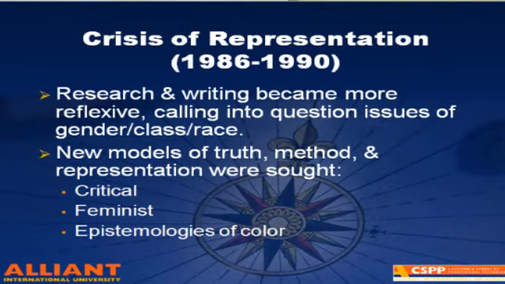Okay, from 1986 to 1990, there's a crisis of representation. Research and writing became more reflexive, and when I say reflexive, I mean that researchers began to question more and more their own intentions, and they became more reflective on what they were doing throughout the qualitative research process. They began to do more critical thinking about issues of gender, class, and race.